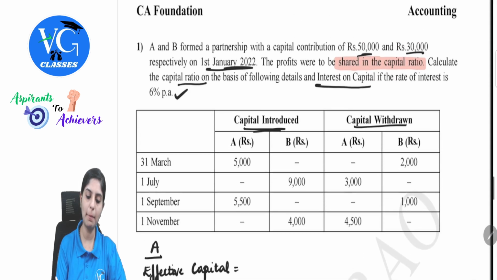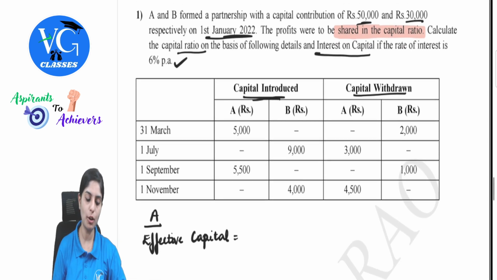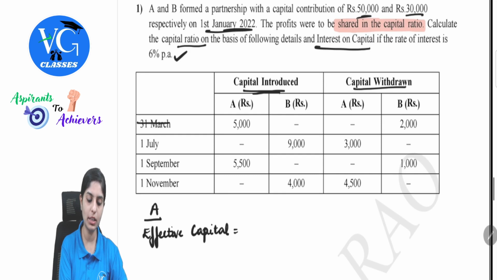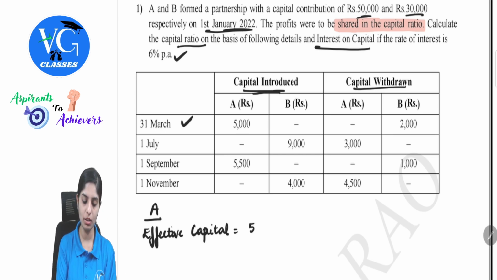Now we started with the balance of 50,000 that was on 1st Jan. Observe this 50,000 was present in the business until what date? If you observe, the next entry is happening on 31st of March. So this 31st of March, until then the balance is 50,000. So Jan, Feb and March. So 50,000 for 3 months.